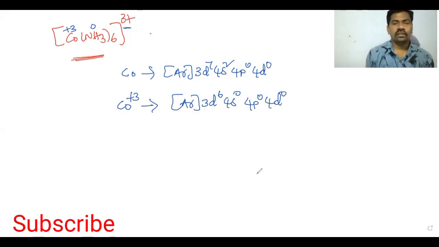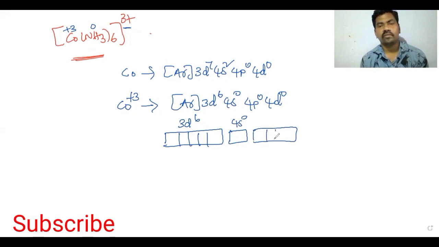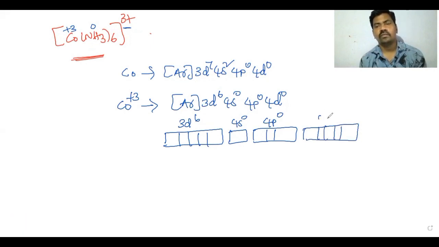Then the filling of electrons into atomic orbitals: 3d6, then 4s0, 4p0, 4d0. So 1, 2, 3, 4, 5, 6. This is the electron arrangement.